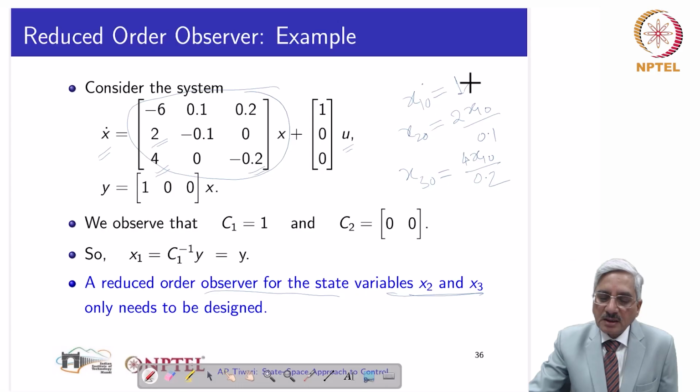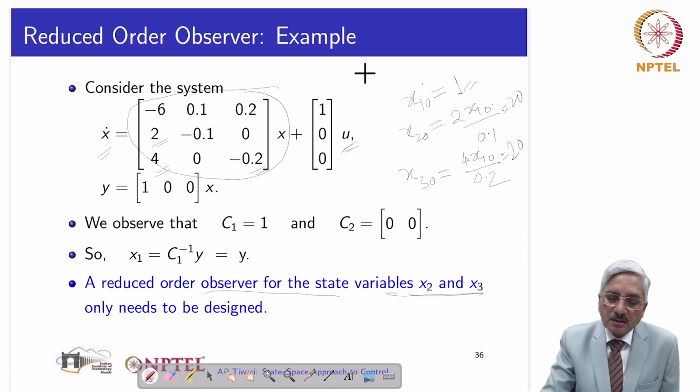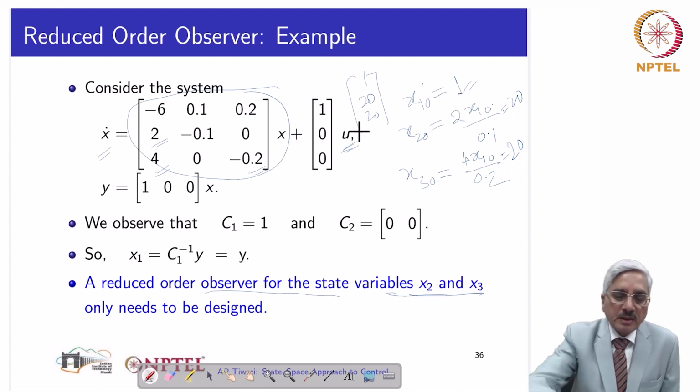So if x10 is assumed as 1, this becomes 2 by 0.1 or 20, and this becomes 4 by 0.2 or again 20. So the system will be at equilibrium if the input u is 0 and the state is 1, 20, 20. So we assume that equilibrium.